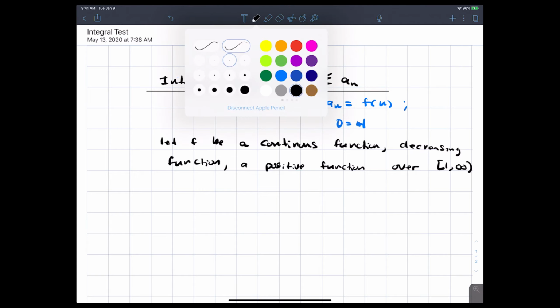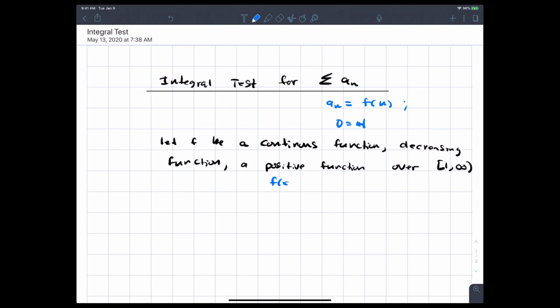Being strictly positive means f(x) is greater than 0. So you have to have a continuous function, a decreasing function, and a strictly positive function over that particular interval. So we're going to set this theorem up.